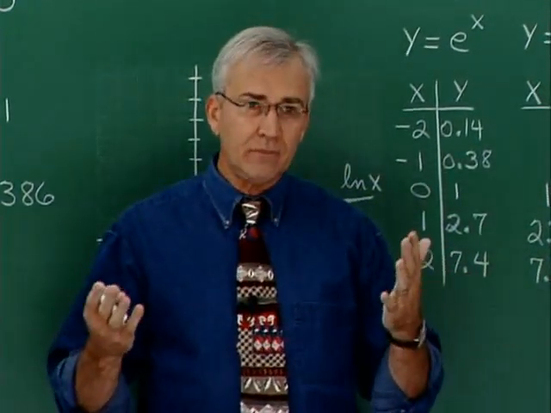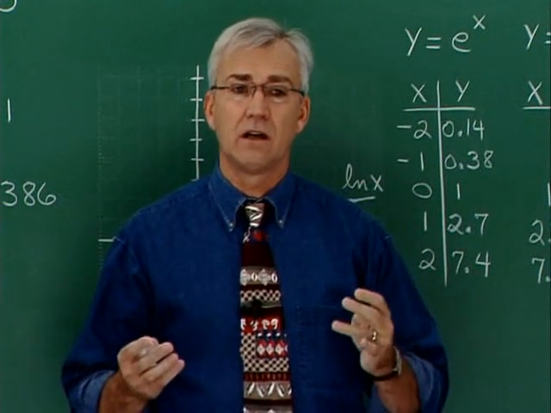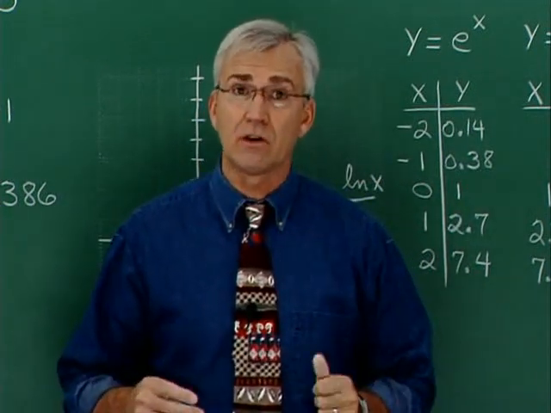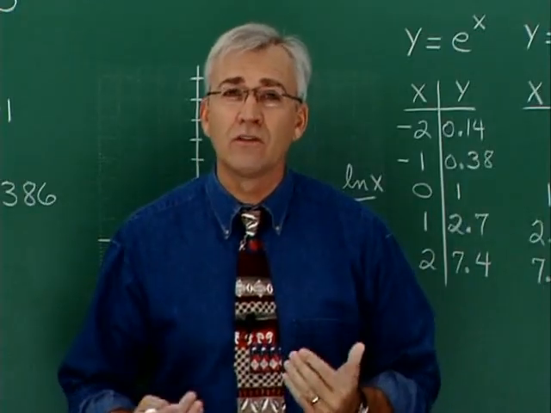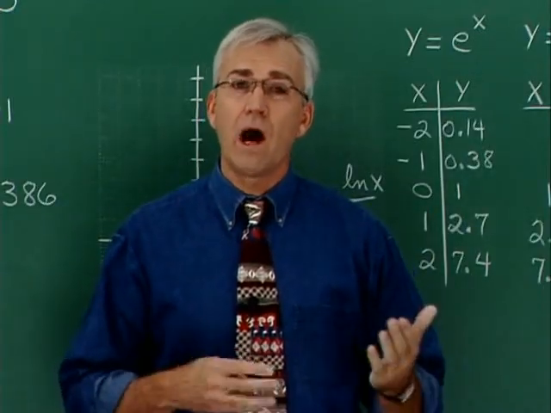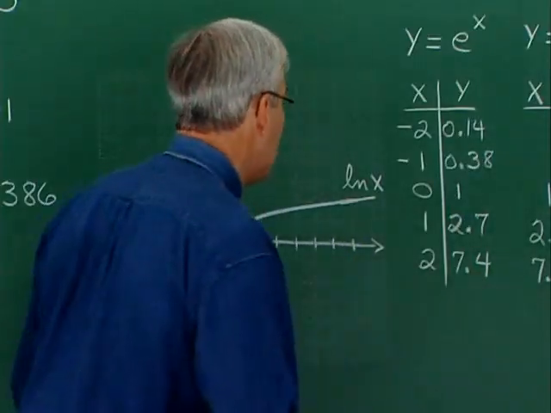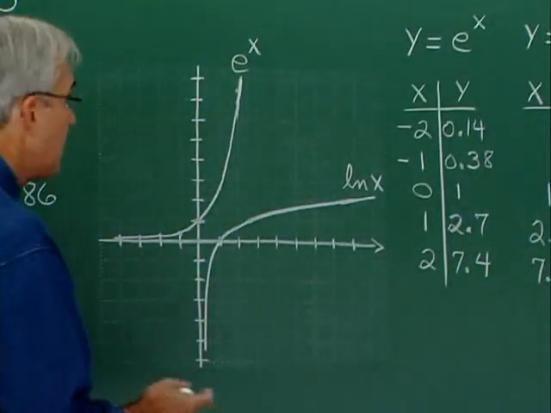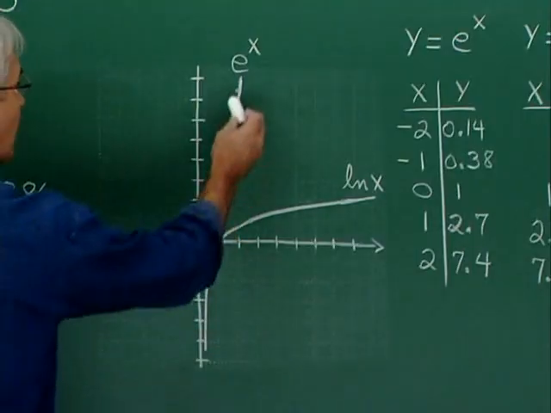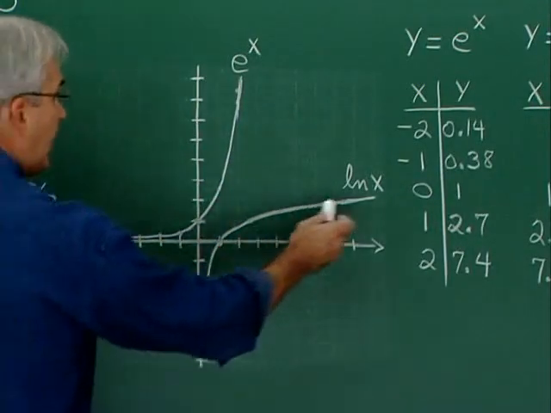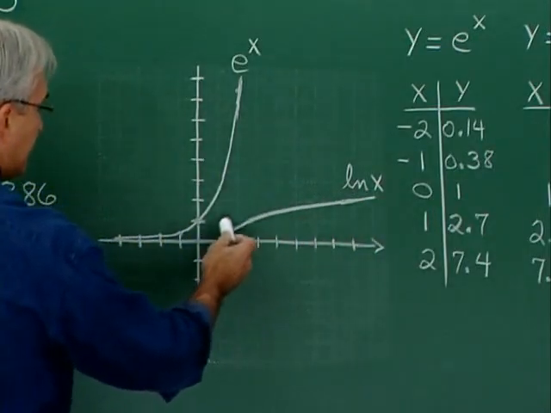Now, we saw before that graphs of inverse functions have a particular behavior, and they are reflections of one another in the y equals x line. We're going to find that true with exponential equations and logarithmic equations. Here's the graph of e to the x power. We saw it before. And here is the graph of ln x.